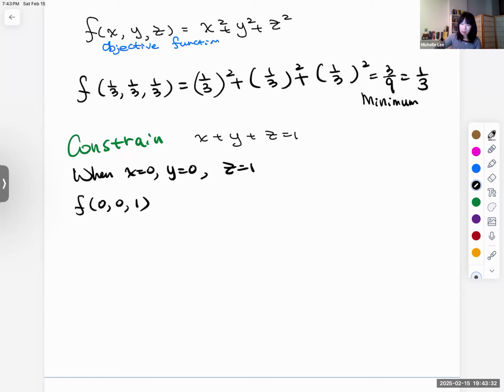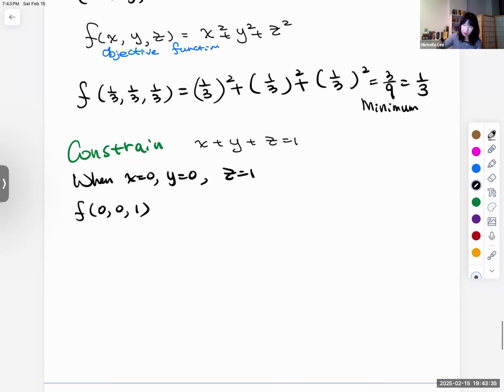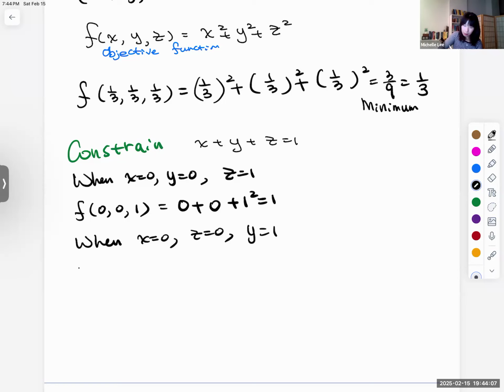Let's evaluate. We have 0 plus 0 plus 1 squared, which is 1. Same concept: when x equals 0 and z equals 0, then y equals 1, so f of (0, 1, 0) is 1 as well.